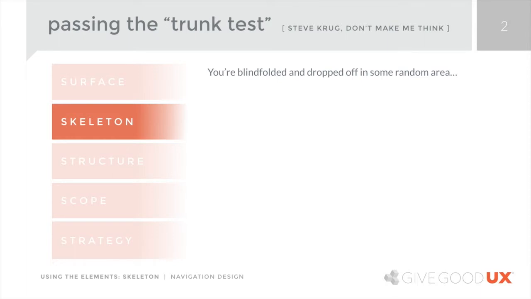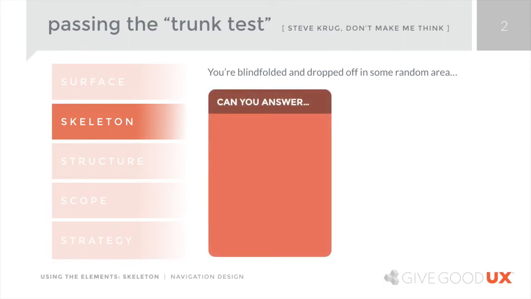Now, in most cases, you'll have no idea where you are, but if there is some type of effective navigation design around you, some wayfinding, some signposts that enable you to answer 4 very important questions. Where are you? How did you arrive here? What can you do here? And where can you go from here?